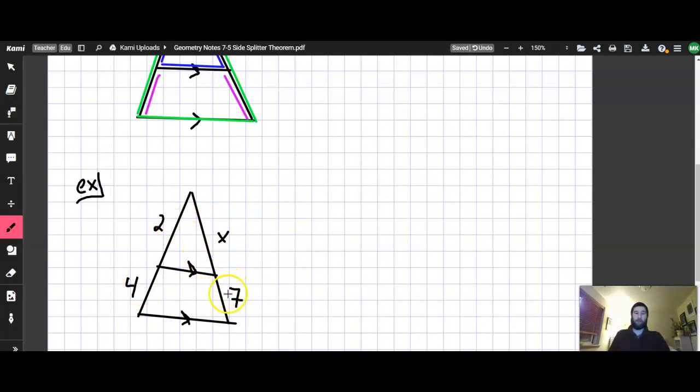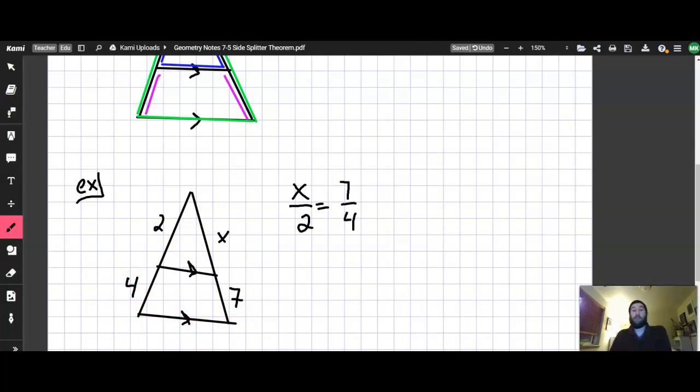We know that the 4 and the 7 correspond, they match. And so we can write our proportion without worrying about the whole triangle and instead just worrying about this part of the triangle. And so we can match it up and say that x over 2 is equal to 7 over 4.